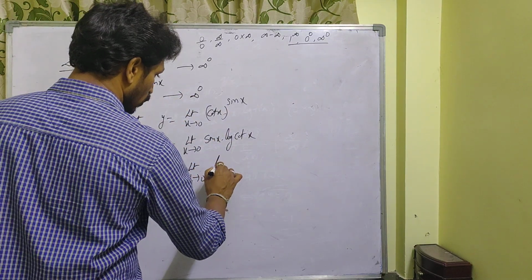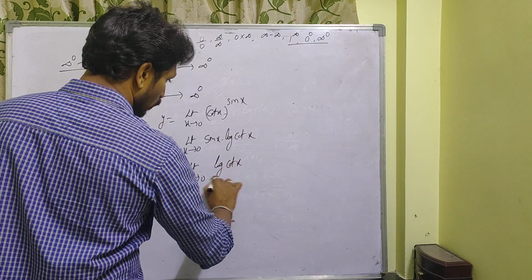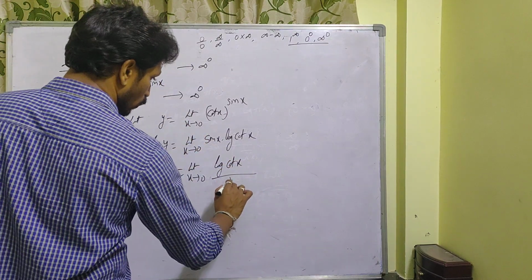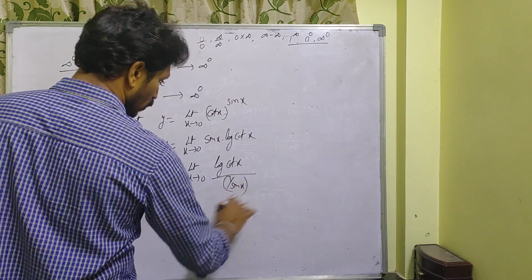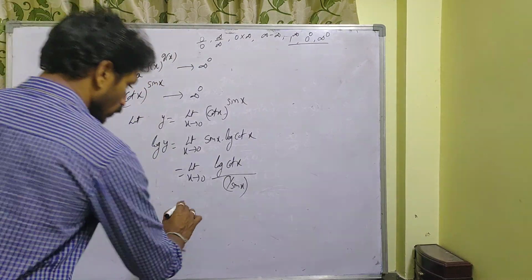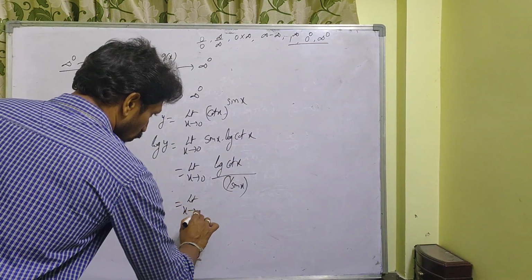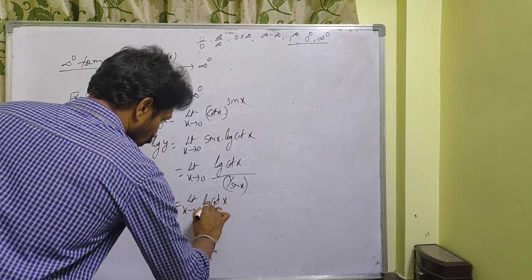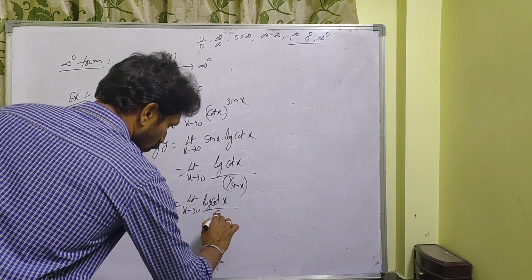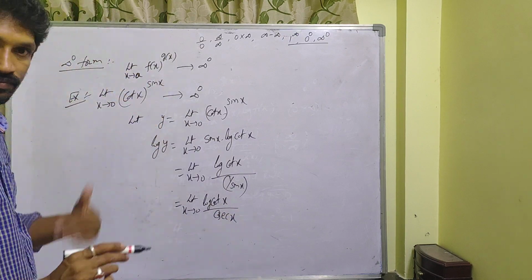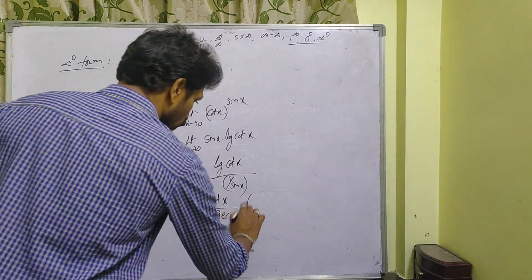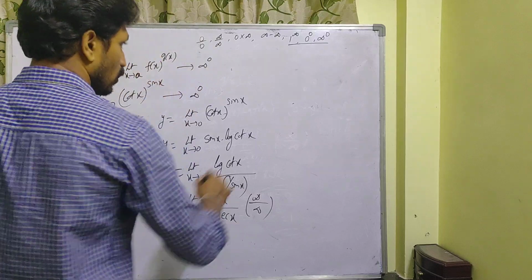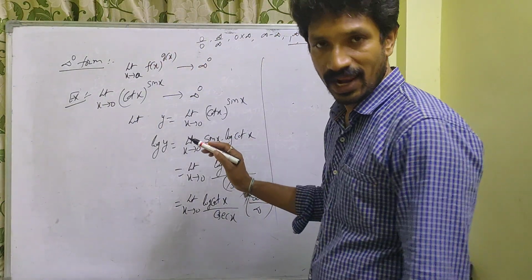That is log cot x by 1 by sin x. 1 by sin x means limit x tends to 0, log cot x by cosecant x. So it is in the form of infinite by infinite, so apply L'Hospital's rule.